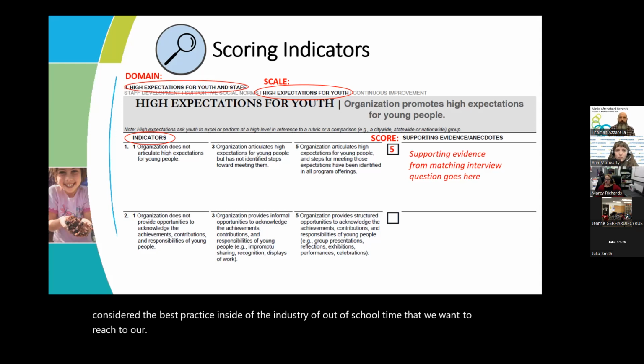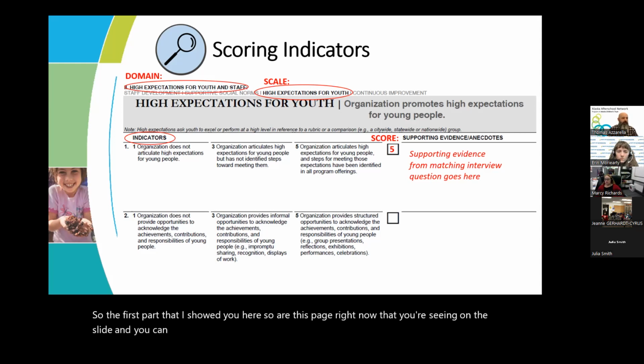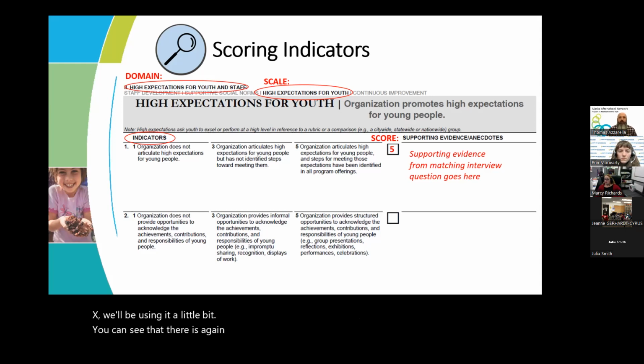So the first part that I showed you here, or this page right now that you're seeing on the slide, and you can see in the document Aaron dropped in the chat box, please download that, we'll be using it a little bit. You can see that there is, again, the domain, scale, and indicators are items inside with a score.